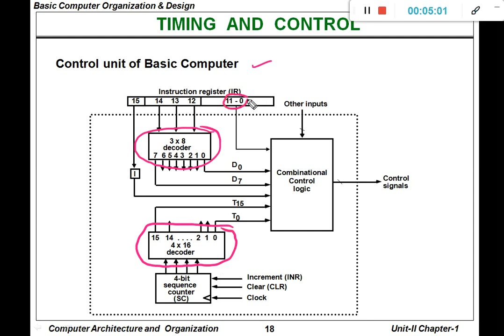Bits 0 to 11 represent the address, bits 12 to 14 represent the opcode, and the 15th bit represents the indirect mode address. If I is equal to 0, it represents the direct address. If I is equal to 1, it represents the indirect address. We discussed these things in the previous class. This is how we represent the instruction register.